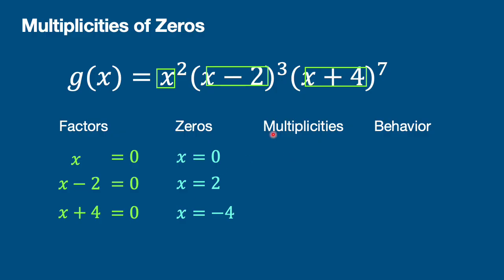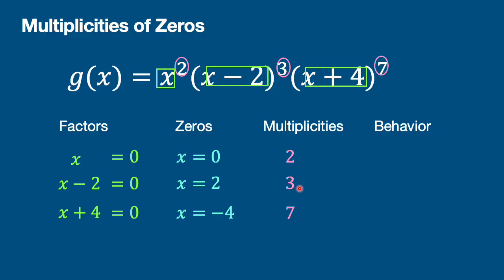Now, how are we going to find the multiplicity? Multiplicity is the power of the factor. What is the number here? 2. That's the multiplicity. Next one: factor x minus 2, the power is 3, so the multiplicity is 3. Factor x plus 4, what is the power? That's 7.